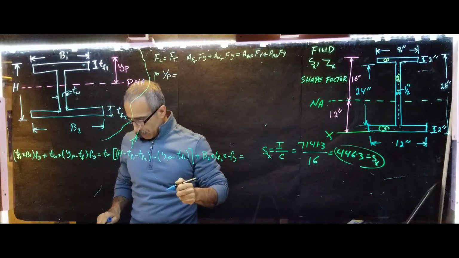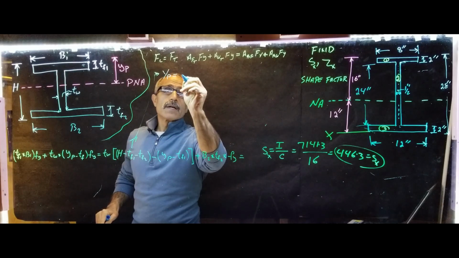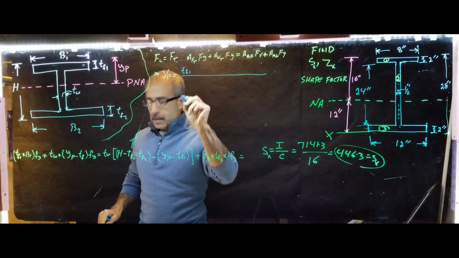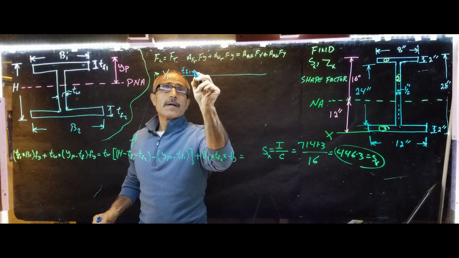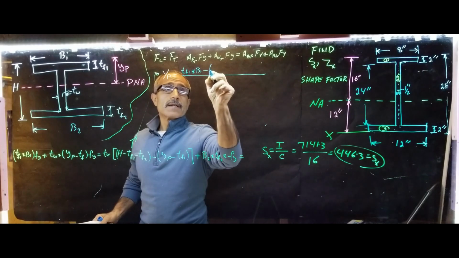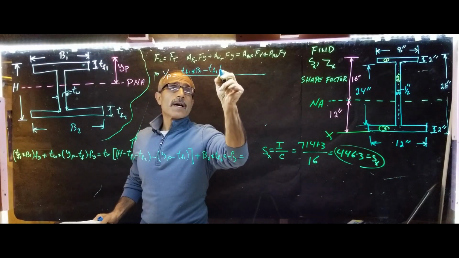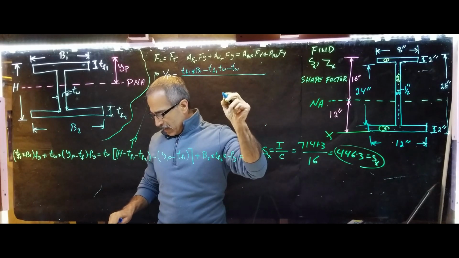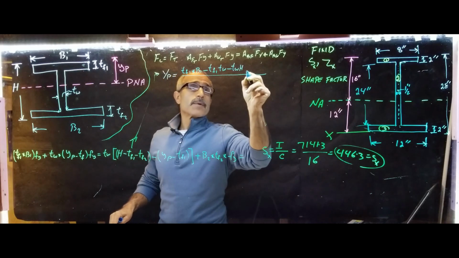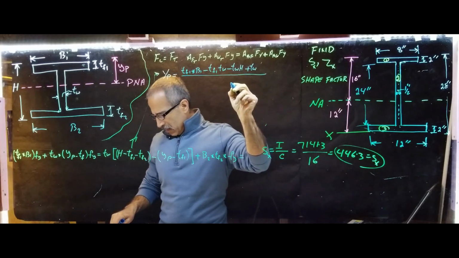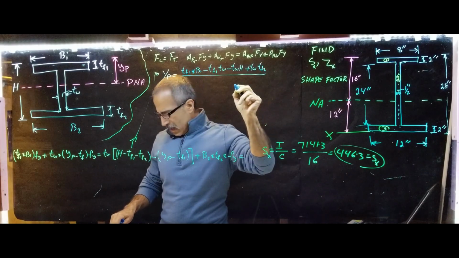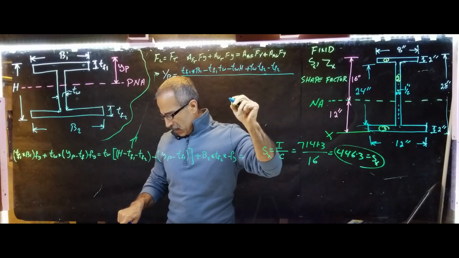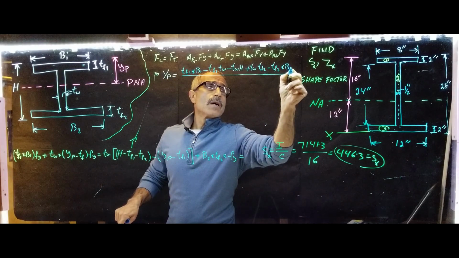So Yp is equal to TF1 times B1, then minus TF1 times TW, minus TW times H, and plus TW times TF2, minus TF2 times B2, and divide the whole thing by TW.